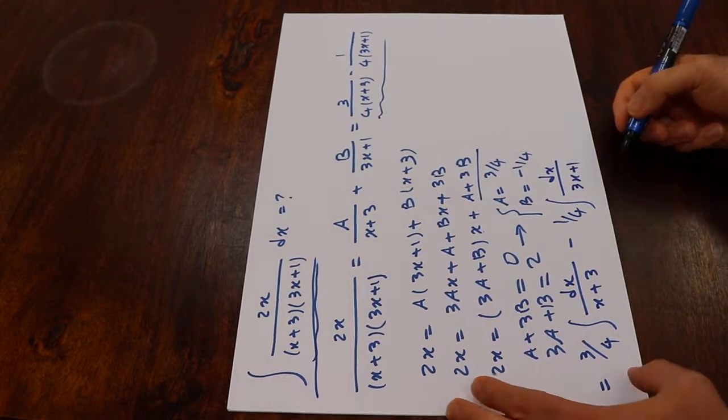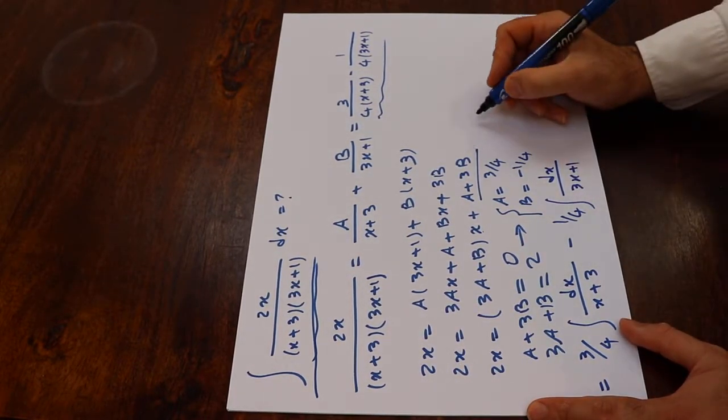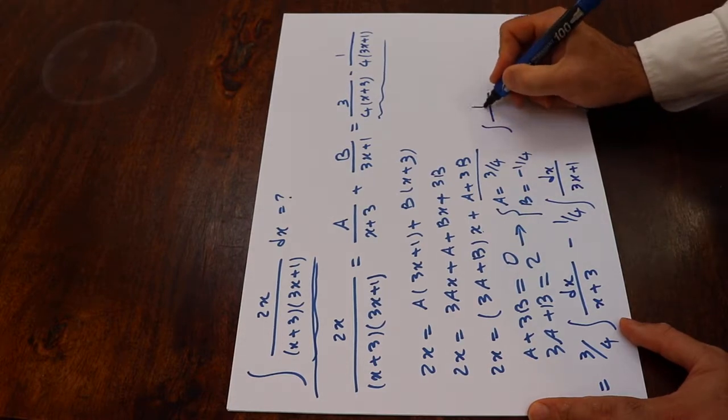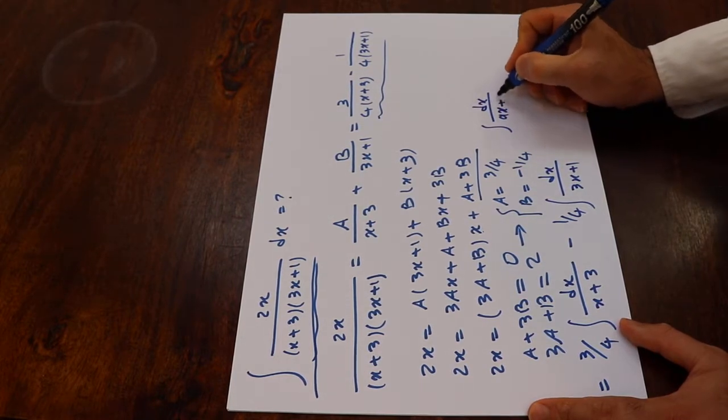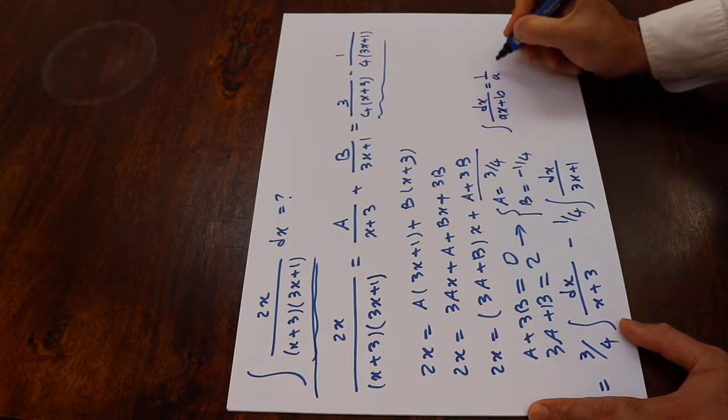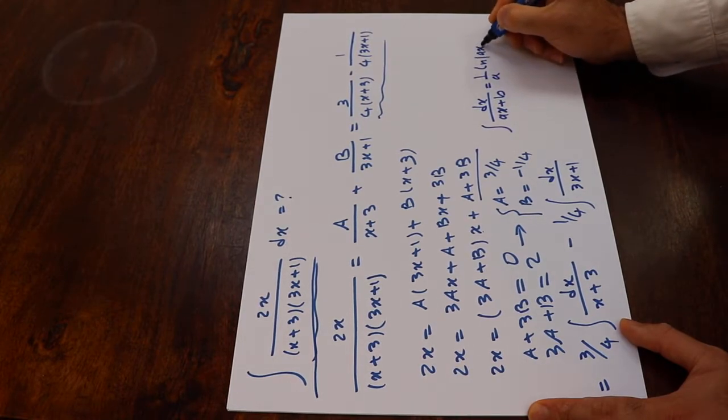To solve this integral, you should know from the table of integrals that the integral of dx divided by (ax plus b) is equal to 1 divided by a times ln |ax plus b|.